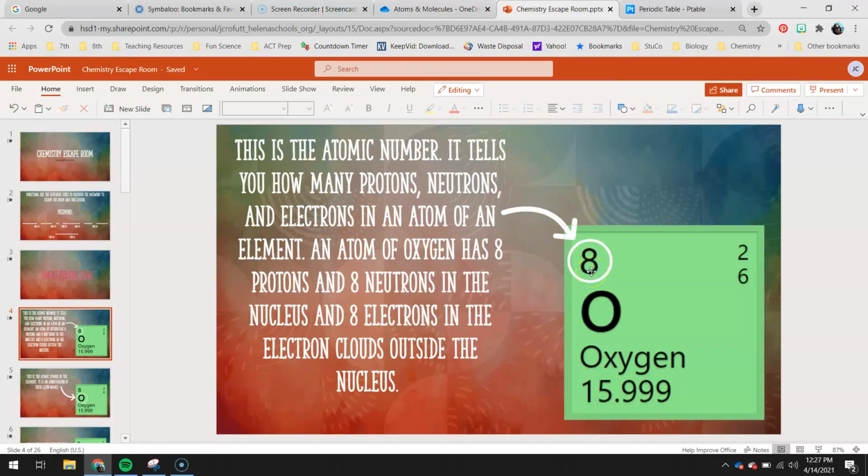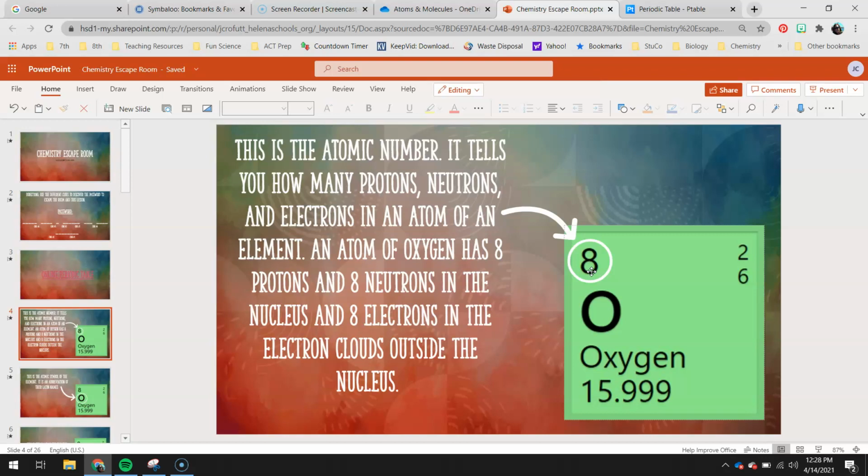So if we are looking at one atom of oxygen, the 8 tells us how many protons, how many neutrons, and how many electrons are in an atom of an element. So again, if we were to just take one atom of oxygen, we know that it has 8 protons and 8 neutrons all tucked into the nucleus, which is like the core or the center of the atom.